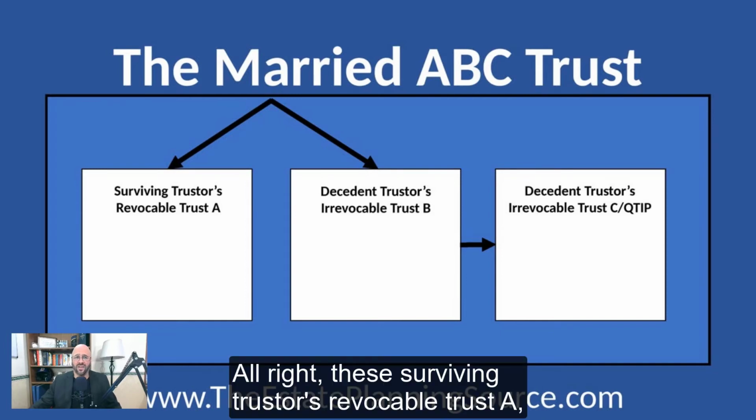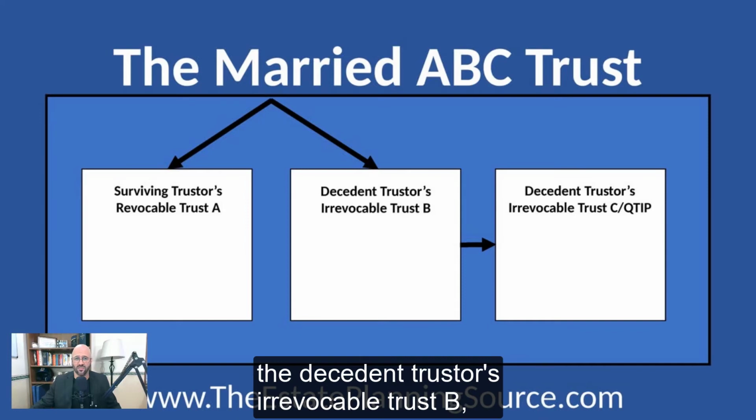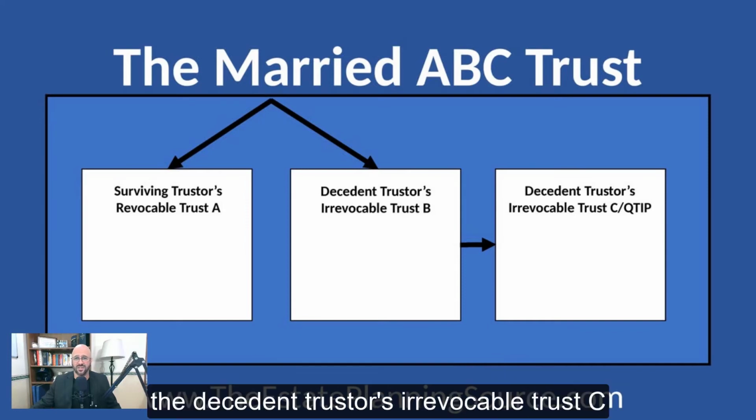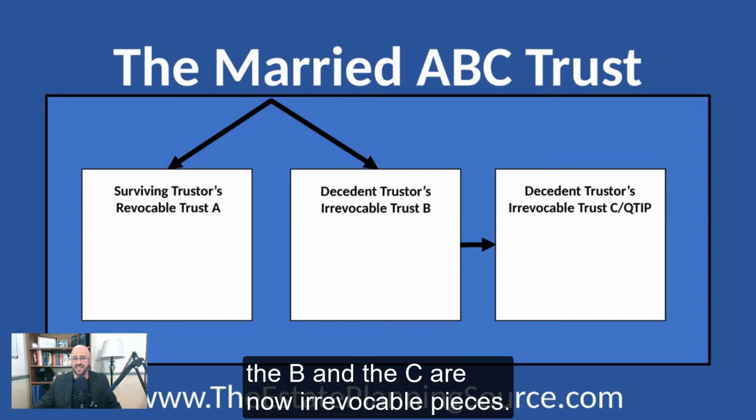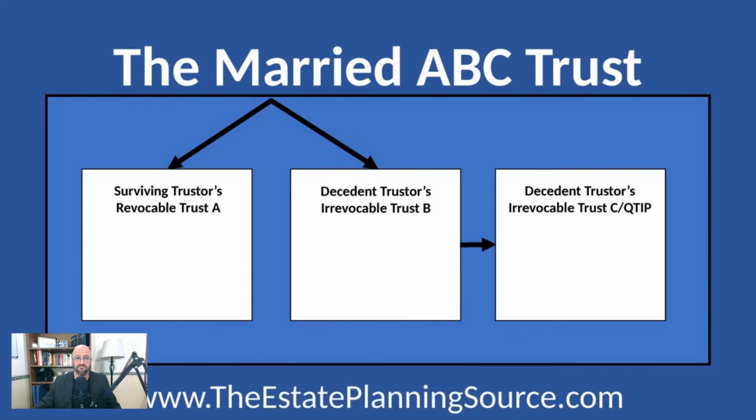All right, the surviving trustor is revocable trust A, the decedent trustor is irrevocable trust B, the decedent trustor is irrevocable trust C, which is a Q-tip. The B and the C are now irrevocable pieces.